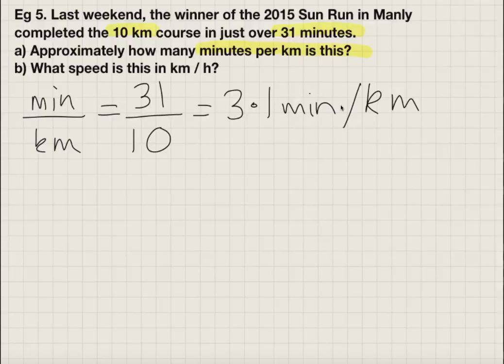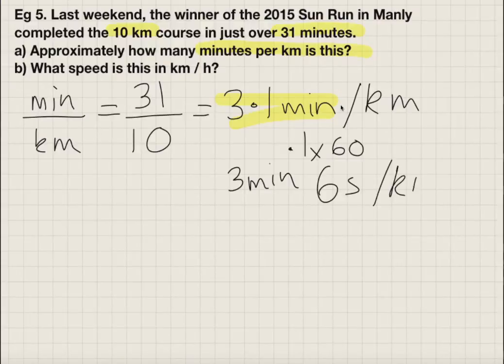So looking at the 0.1, if you just do on your calculator 0.1 times 60, that's 6 seconds. So we've got 3 minutes. This isn't compulsory to do this. This answer here is fine, but just to show you how quick that is, that's 3 minutes and 6 seconds per kilometre, which is really quick for race time, okay?